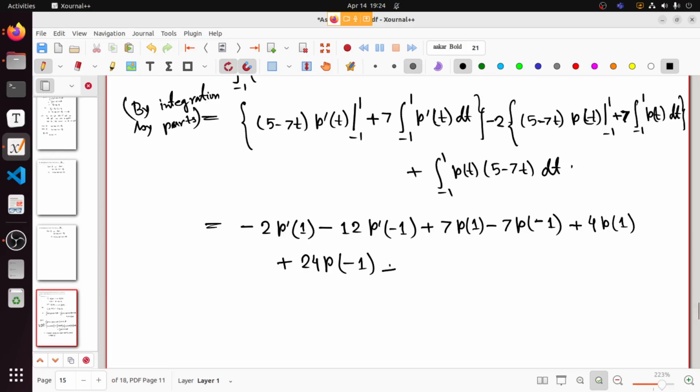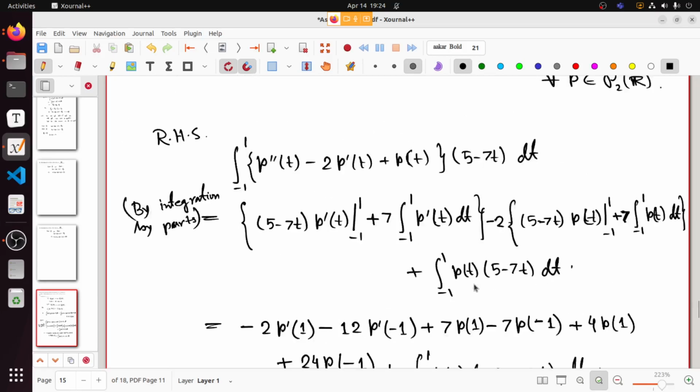So what you will get, plus 7 means it will be the integration from minus 1 to 1, so 7 plus 5, 12, minus 7, so 20, minus 14 plus 5, minus 9, right? Minus 7t dt, right? Is the calculation fine, right?